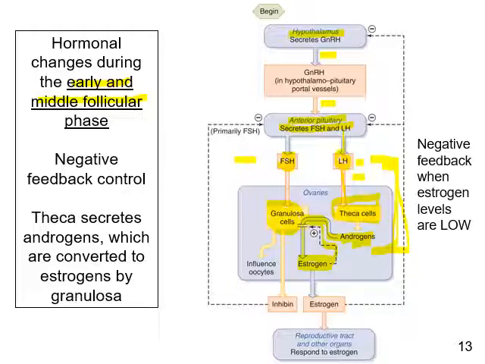So part of the proliferation of the granulosa was due to FSH, positive feed forward, and part of it was due to estrogen in a positive feedback proliferation cycle. The granulosa proliferate, the theca proliferate, the theca make a lot of androgens, the proliferating granulosa convert those androgens to estrogens and continues the development.